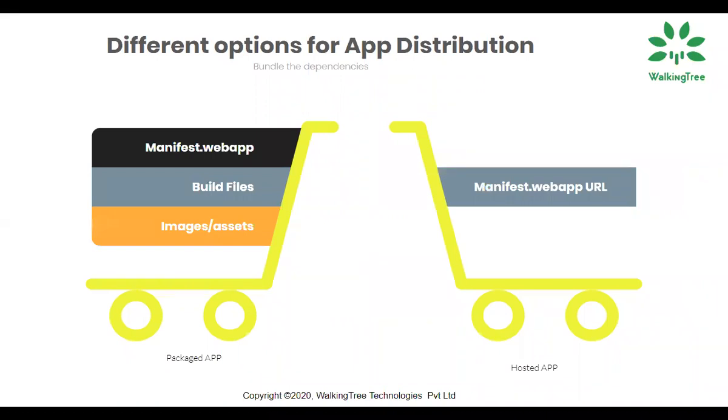Then how we can bundle the things, in the sense, what we need to do to push it to the corresponding stores. We need to bundle the things for the packaged app, that is the manifest web app file and build files. What are the build files we generated as part of the application, and the images and assets.